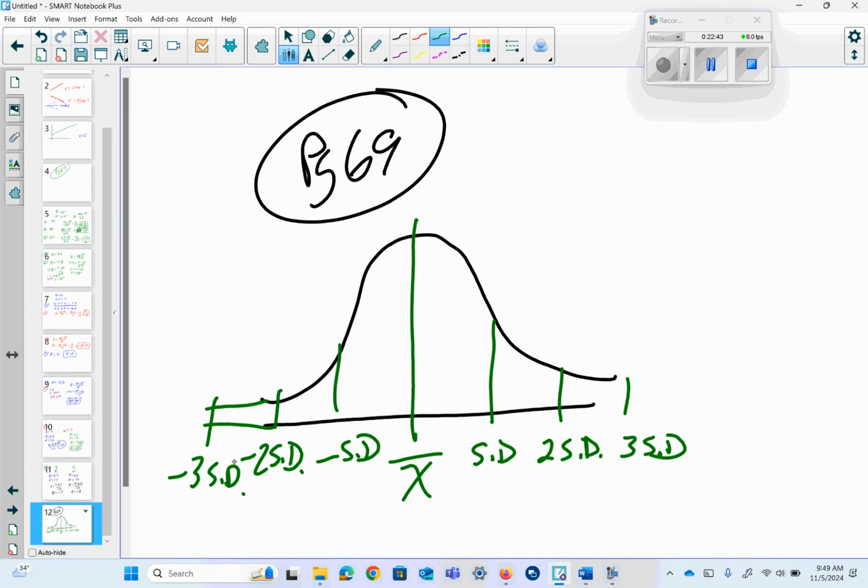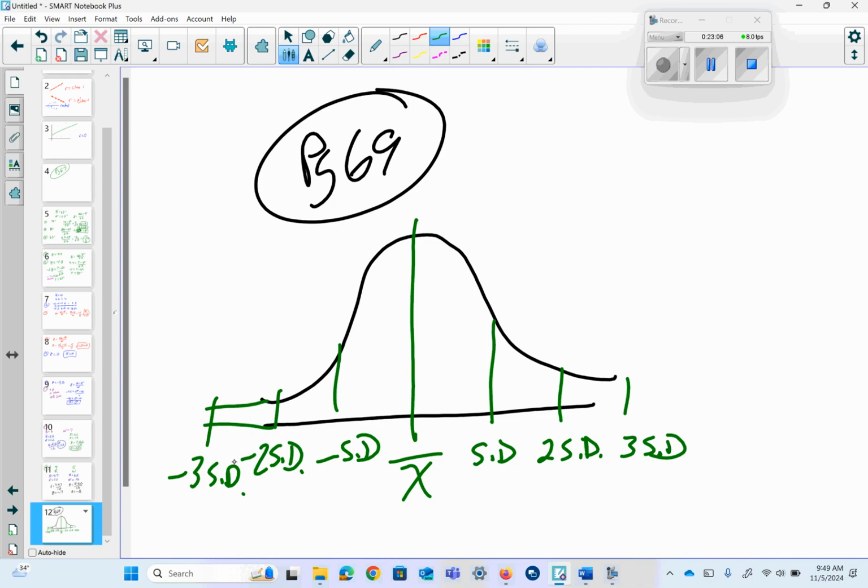Okay, so the tails to the right and to the left will never cross the x-axis. They are asymptotes. The area under the curve is 100% or 1. Okay, so we're going to start analyzing to see if data falls into normal distribution, and then there's tests that we will learn later in this chapter to see if we do have some sort of normalcy.